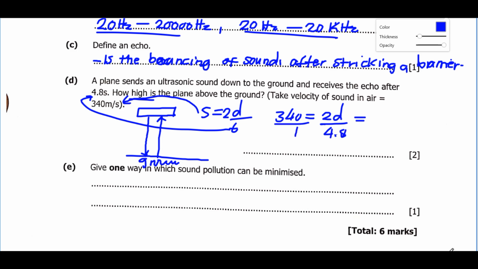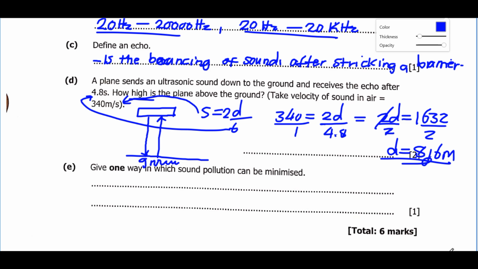Over 1, we cross multiply, so 2D is equal to 340 times 4.8. I'm getting 1632 over 2. So distance is equal to 816 meters.